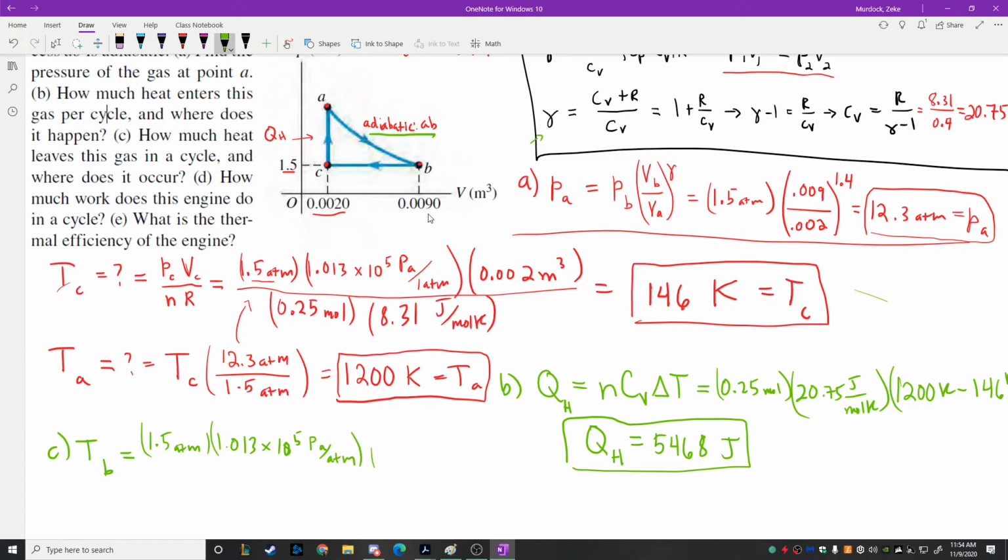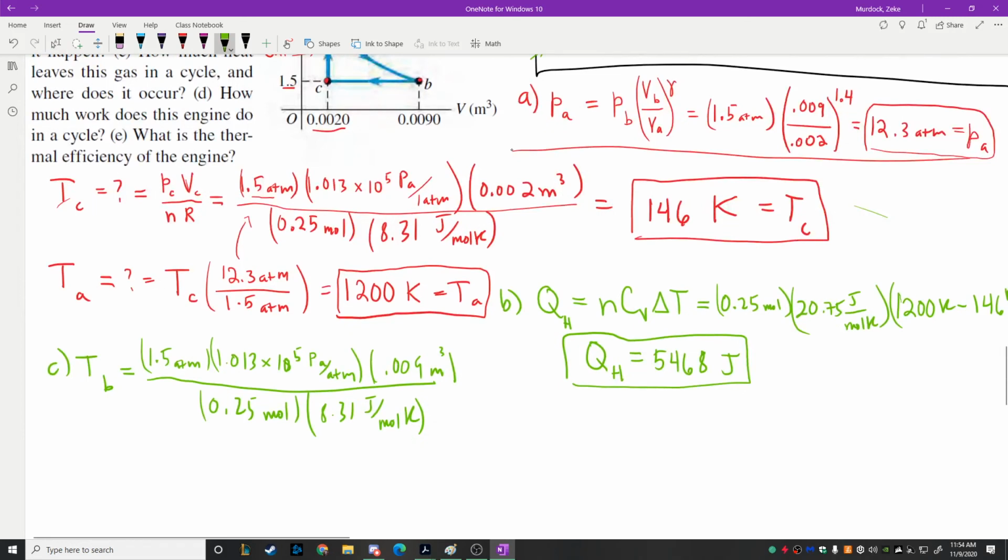And then times the volume here, which is 0.09, and then divide by NR again, 8.31. And then what I got for this was that the temperature at point B was 658.